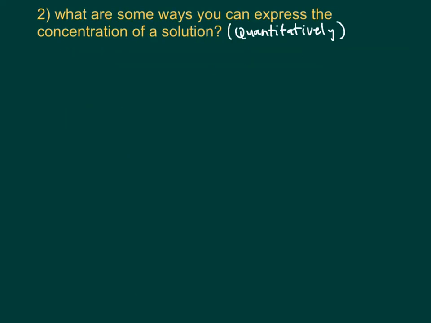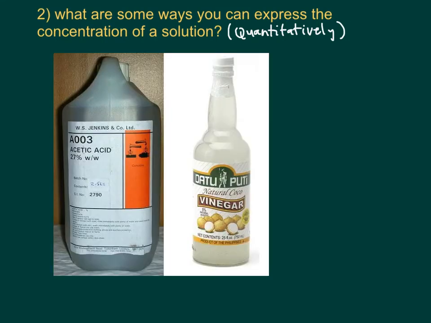So let's talk about 2 ways that we can express the concentration of a solution quantitatively. If you start looking at medications or bottles of solutions like vinegar or ammonia that you would use for cleaning, you're going to see concentrations on the bottle. For example, this is the kind of vinegar you might buy at the grocery store.